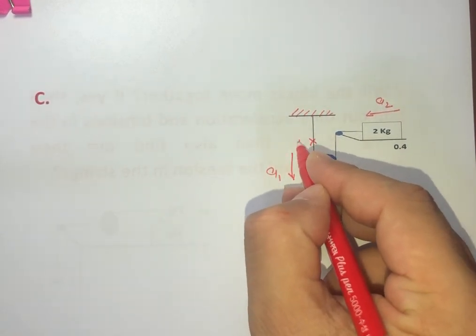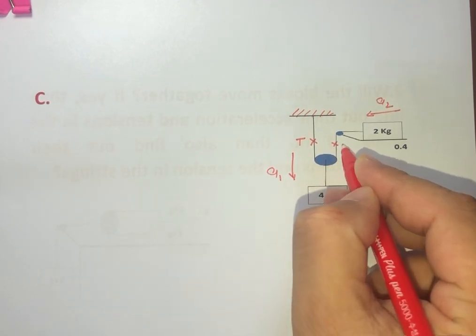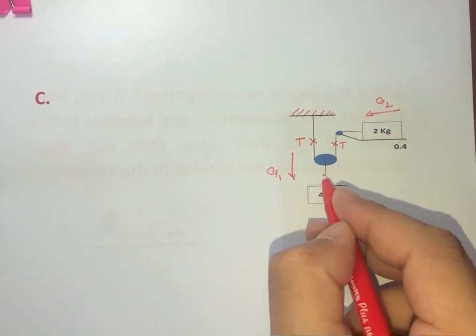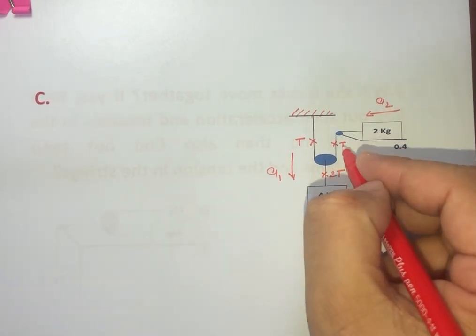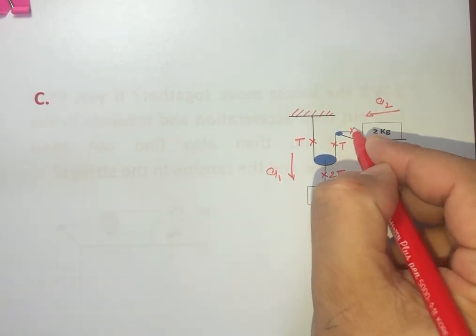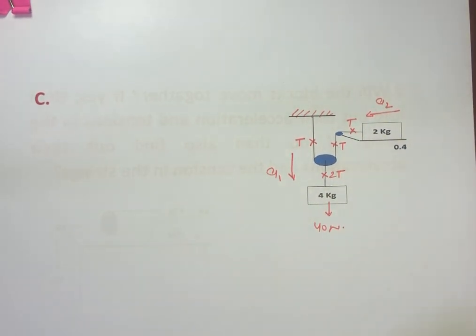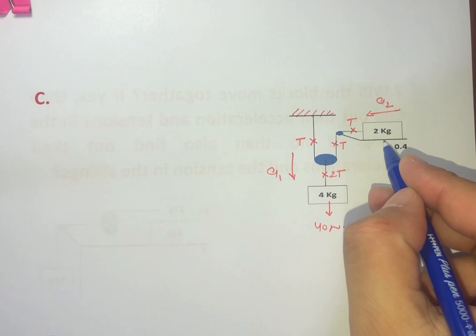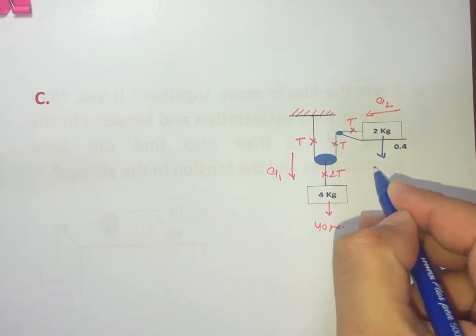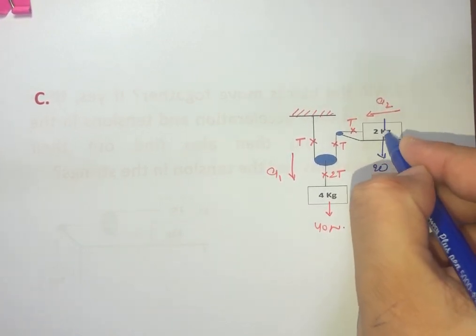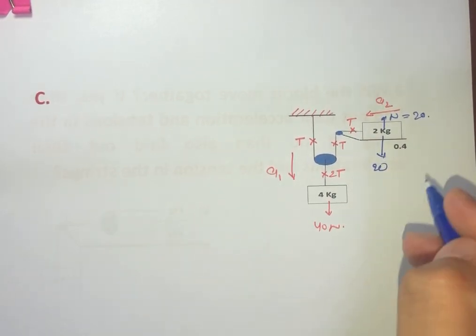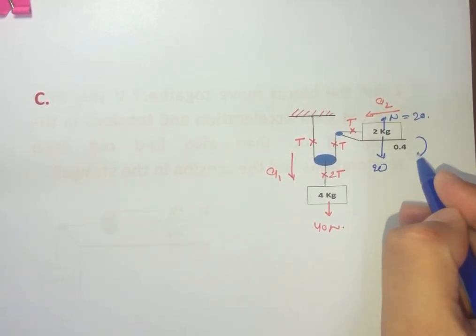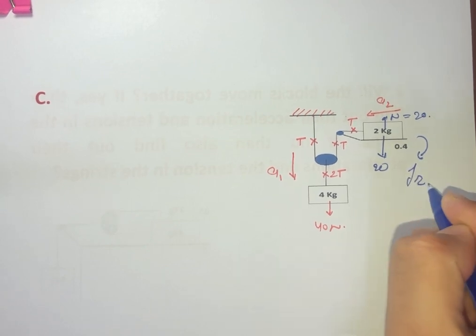Let us say tension is T. Here it will also be T, and here it will be now 2T. So this is T, so obviously this will once again be T. And here we are going to have a force of 20, and upward there will be a normal whose value will be equal to 20. And let us suppose here the friction is given as Fr.